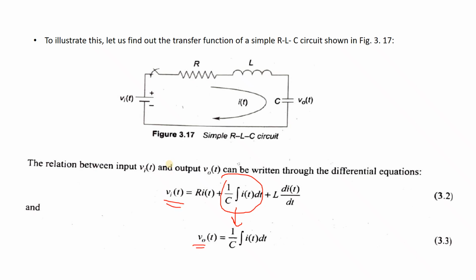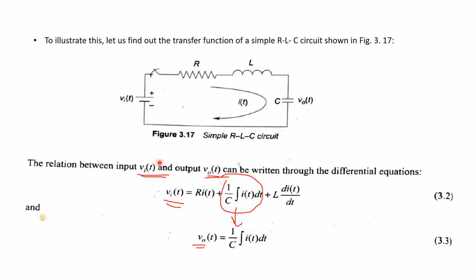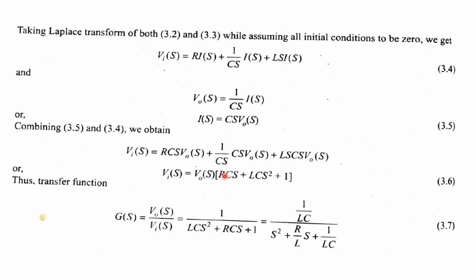Why are we writing these two equations separately? Because for the transfer function we have to determine the output by input in S domain, that is the Laplace transform of output by the Laplace transform of input. So you have to write two separate equations for input and output. Okay, I think it's clear now. Have you understood this equation? I think all of you know these equations.